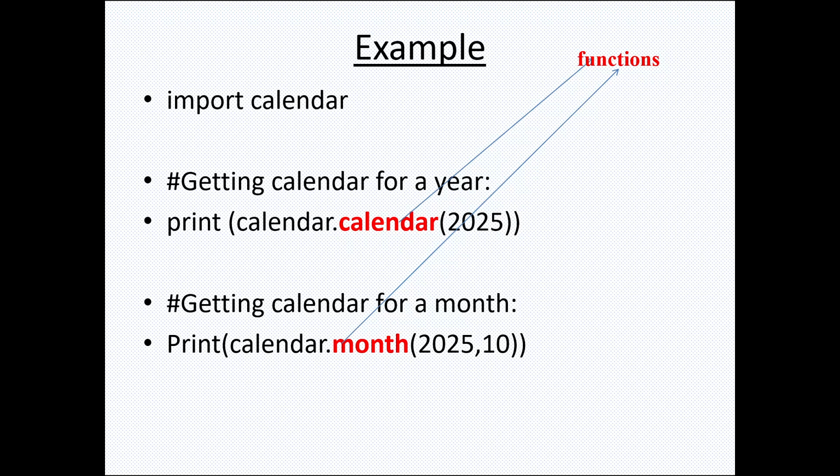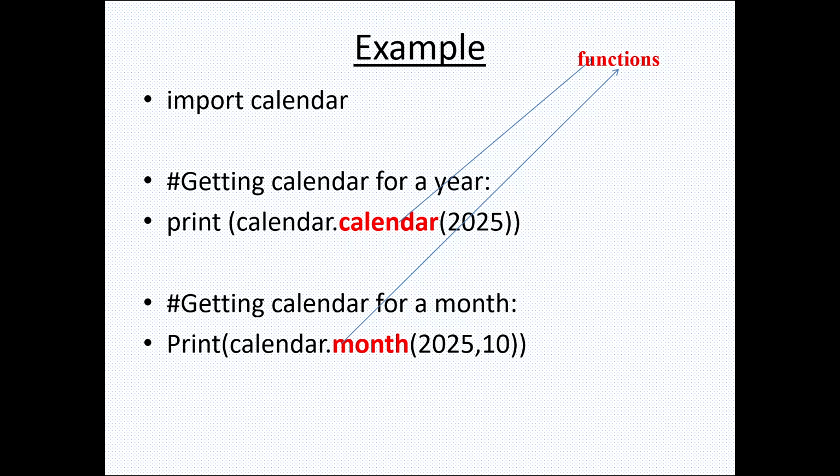So import calendar. If you want to display the calendar for a year, then this statement can be used. Print calendar.calendar of 2025. So first calendar is the module name, and the second calendar is the function name. 2025 is an argument.